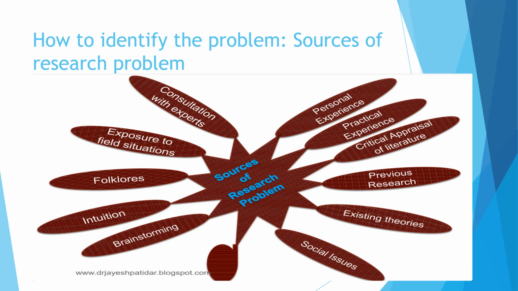Okay, for intuition, traditionally institutions are considered good sources of knowledge as well as sources to find new research problems. It is believed that a reflective mind is a good source of ideas which may be used to formulate a good research problem.